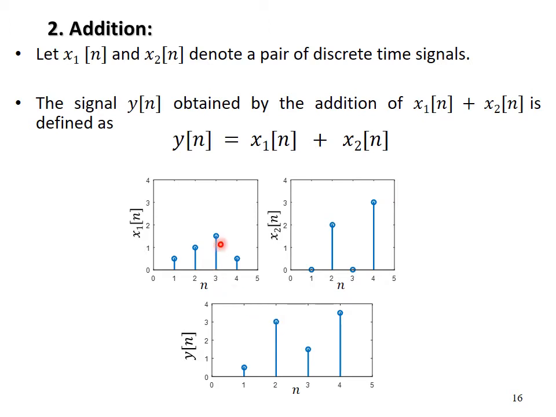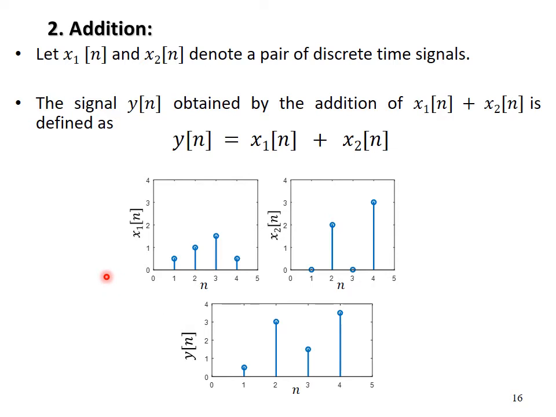Similarly, this sample would be added with this sample, which is 0. So we have a sample with amplitude 1.5, and this sample would be added with this sample, right? So a sample having amplitude 0.5, and this has amplitude 3, so result is 3.5. So this is how the addition is done. You have to add the samples which appear at the same time, right?